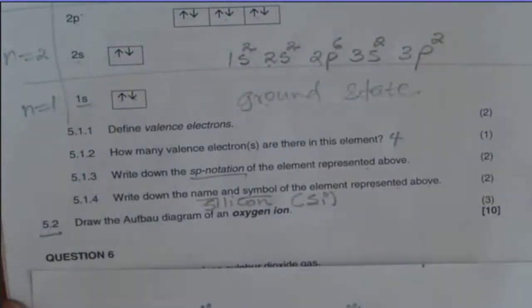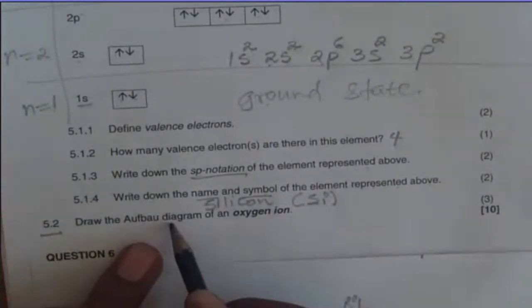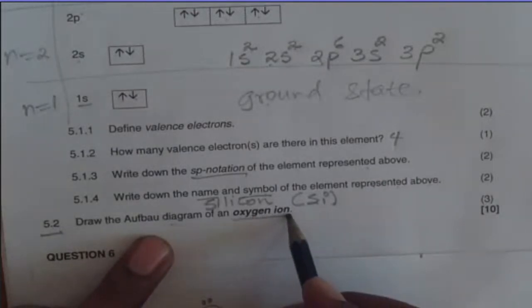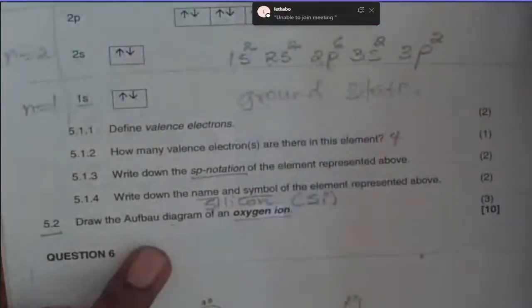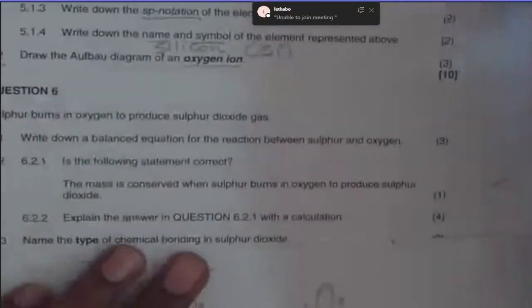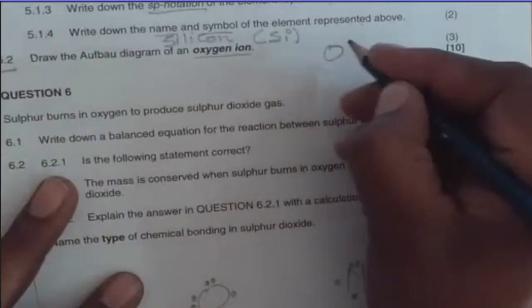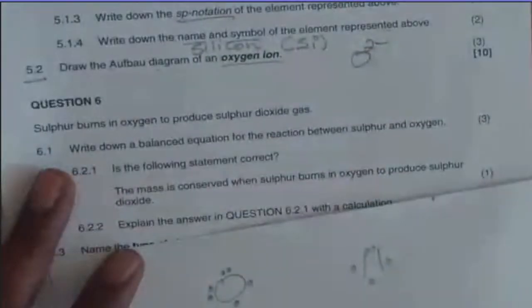So 5.2, draw the orbital diagram of oxygen ion. We need to draw this, but this time for the oxygen ion, meaning O2 minus.